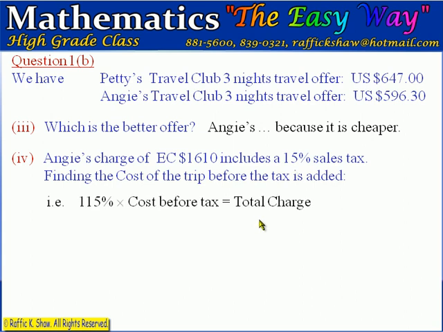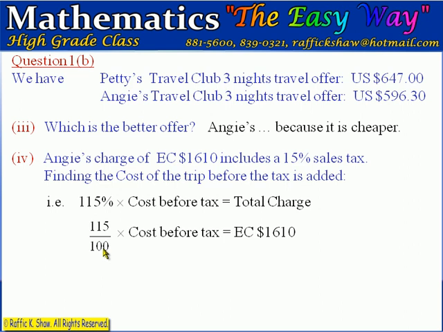So this is how this will be represented. The total charge, which is EC $1,610, includes a 15% sales tax, and so it is 115% of the cost before tax. And if we show the calculation, this works down to 115 divided by 100 multiplied by the cost before tax will be equal to the total charge of EC $1,610.